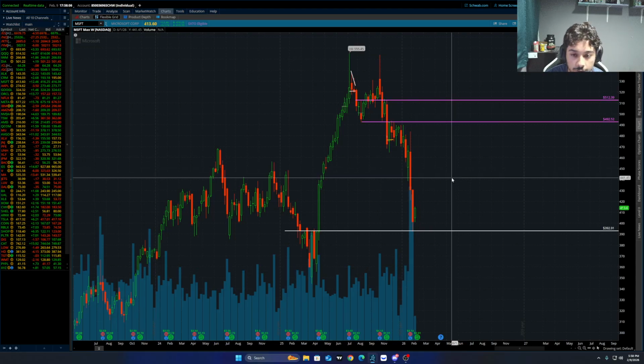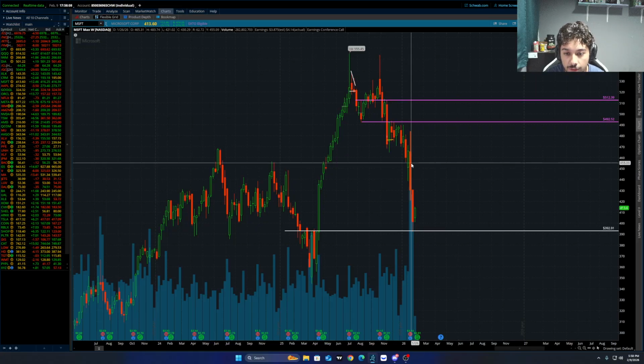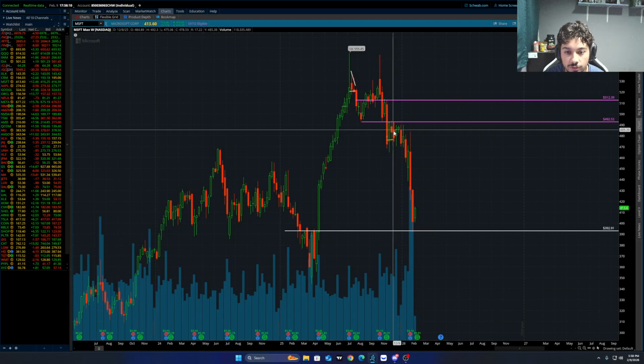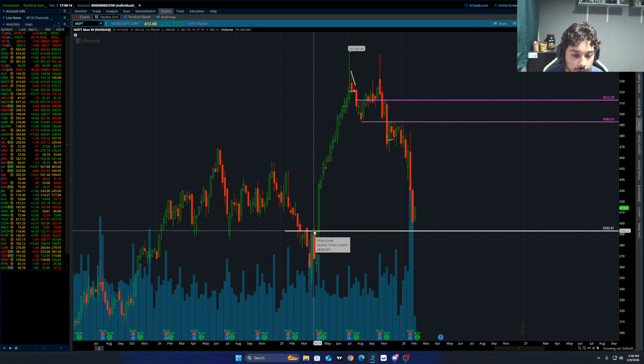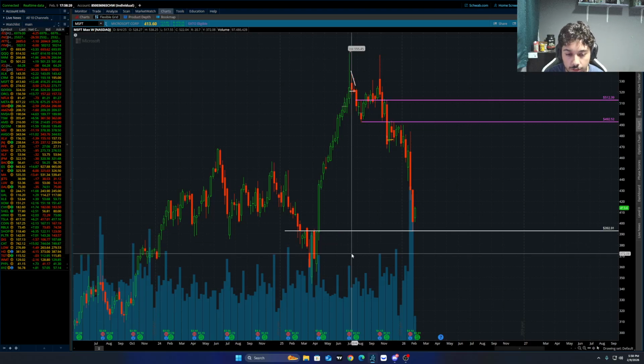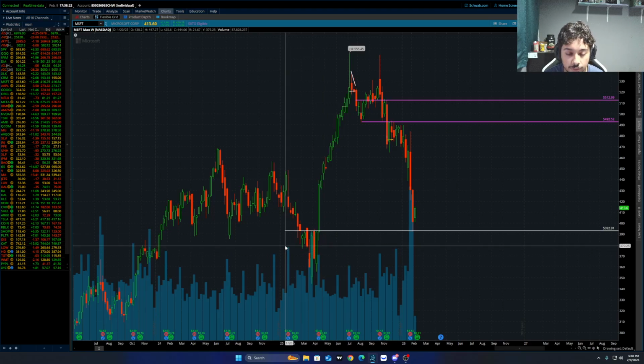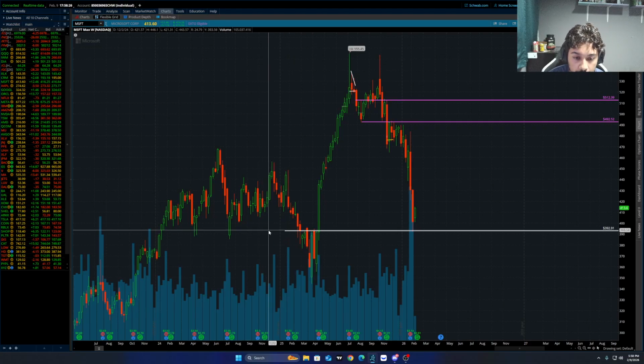Why do I say falling knife? Because we have an aggressive sell off, aggressive downtrend, whatever you want to call it, and then it hits our little dip buy area right here, which I also call support, demand, whatever you want to call it. I call things differently sometimes, but in the end, it's all the same thing.